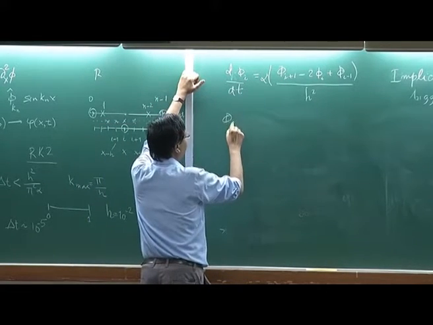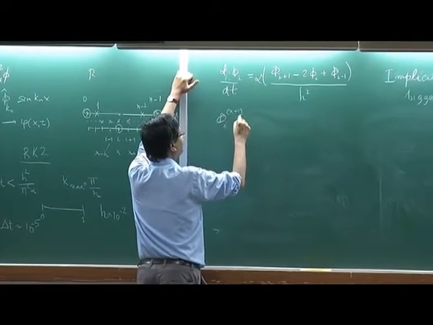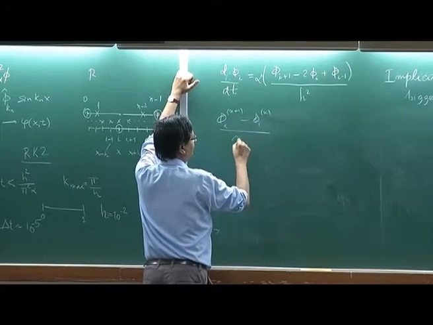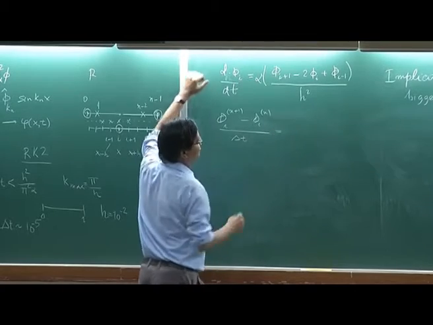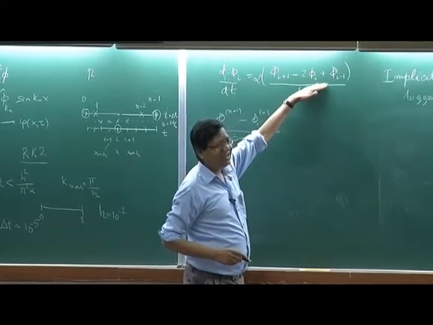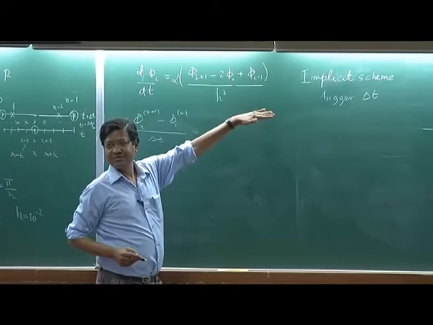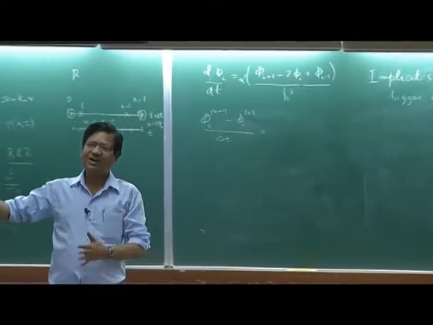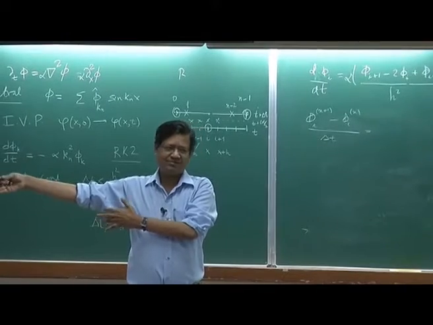So, I have to use phi n plus 1 minus phi i n by delta t. Now, right hand side should be computed at n and n plus 1, right. Implicit means I have to compute at unknown time, future time.